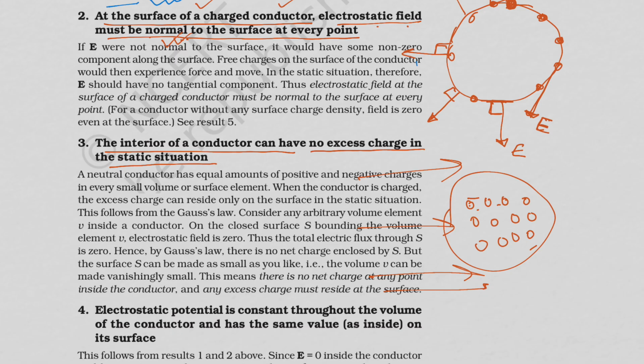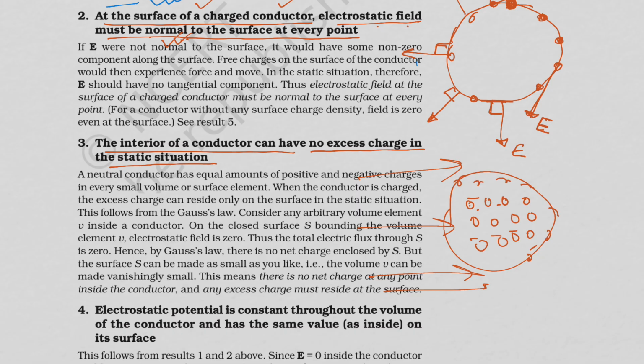Because all these electrons are negatively charged, they will push each other. Like charges repel, so all these free electrons will move to the farthest position, which is the surface.